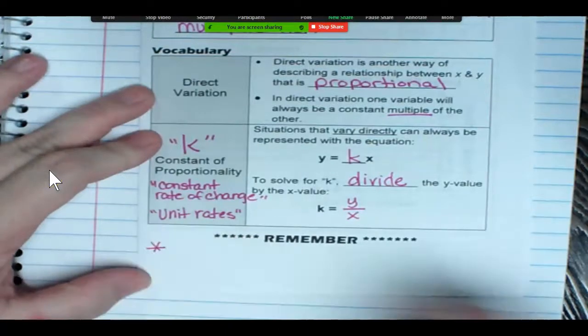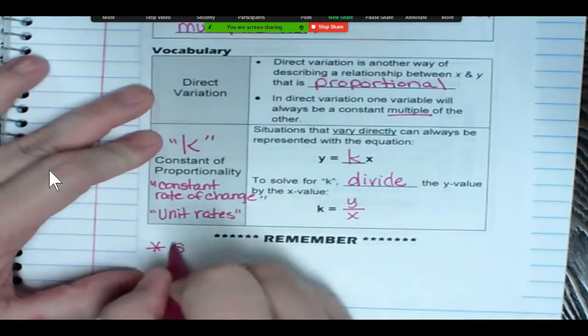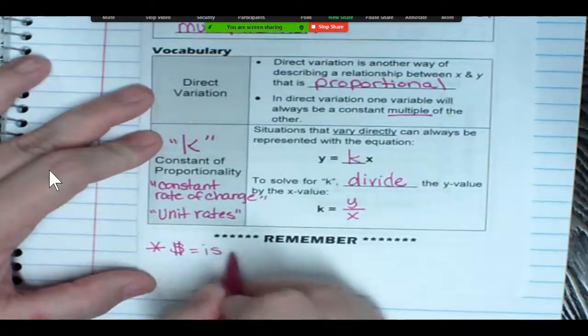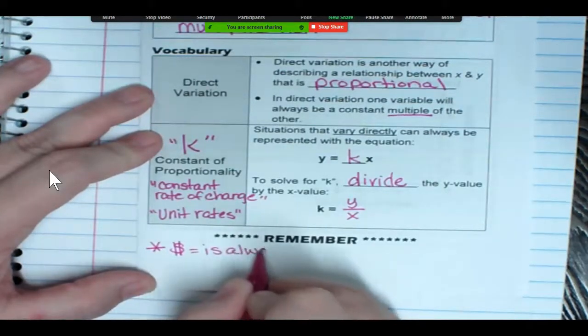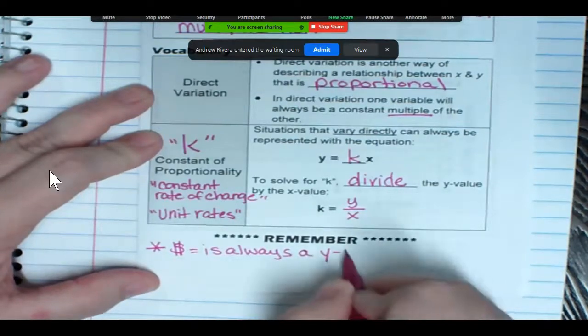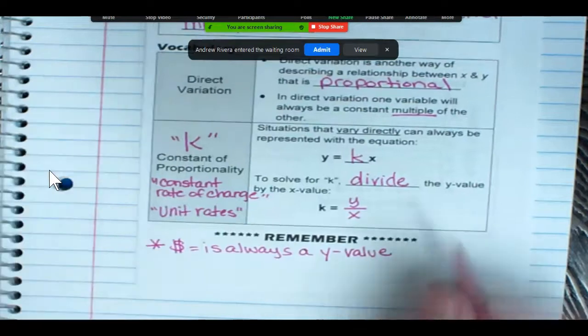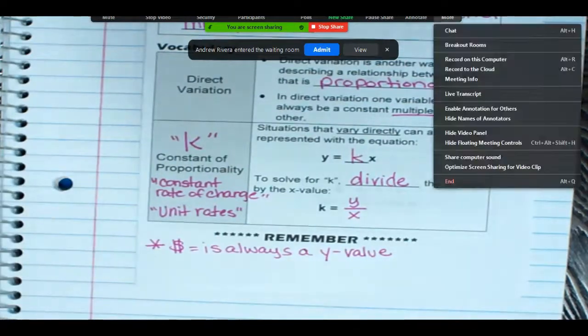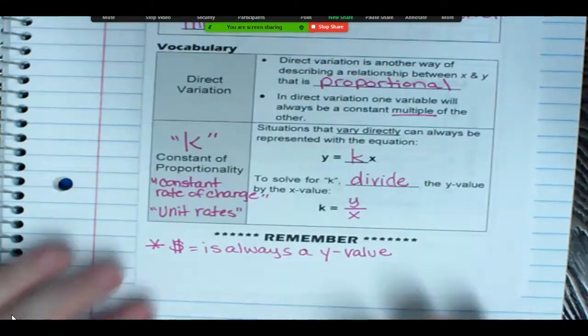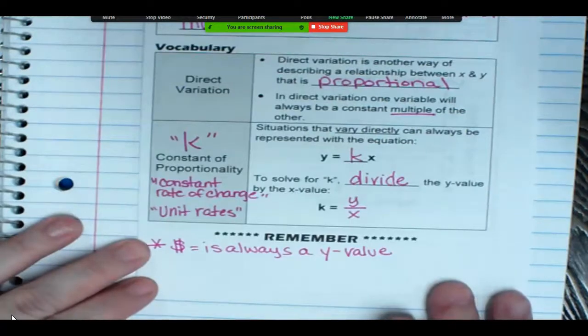The first tip is that when you're dealing with money, money is always a Y value. And for those of you that had me last year when we were solving ratios, didn't I tell you money always goes on top?